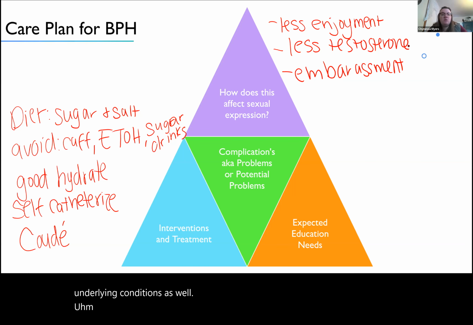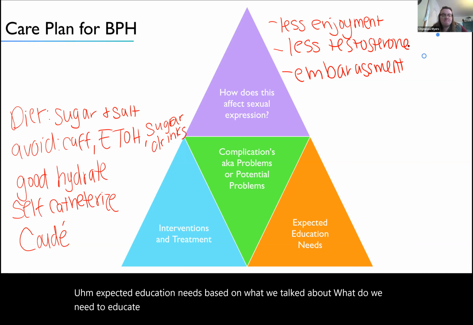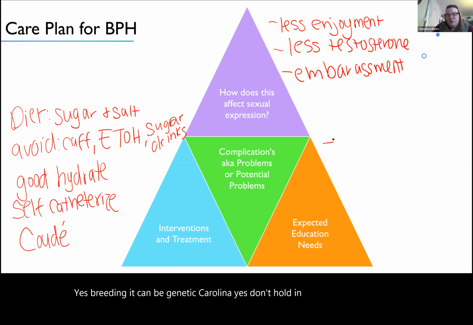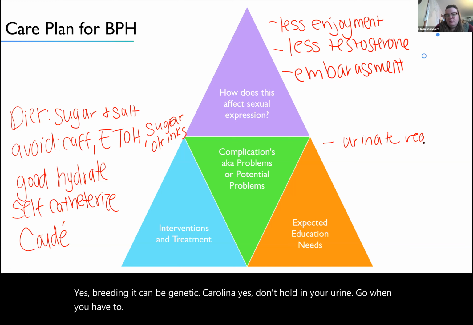Expected education needs based on what we talked about. What do we need to educate about? Can this disease be prevented? Yes, it can be genetic. Carolina, yes. Don't hold in your urine. Go when you have to. Very good.